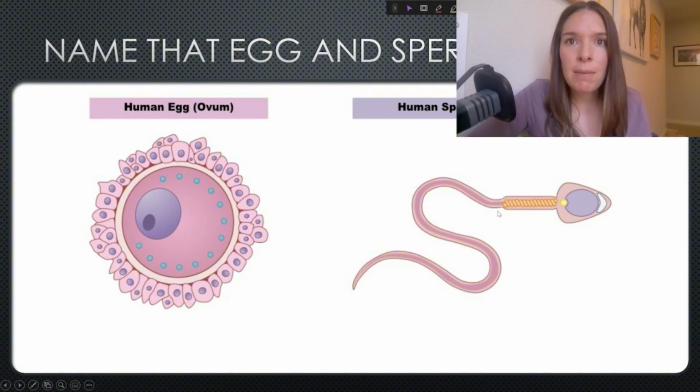The midpiece contains mitochondria that help give the tail the energy it needs to move. And then the tail, also called the flagellum, is essentially a microtubule structure that helps the sperm move.